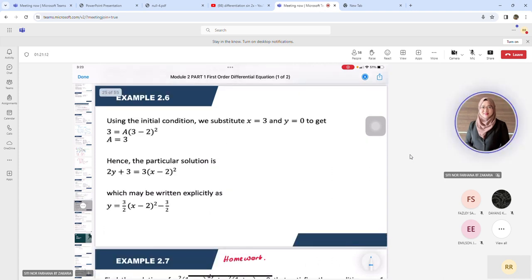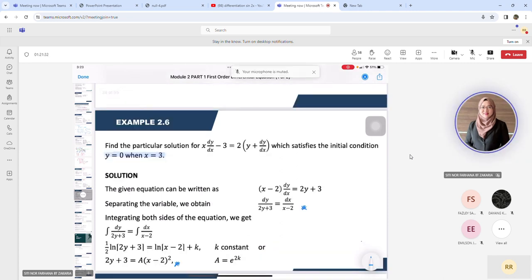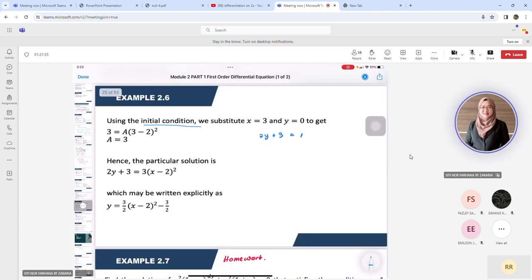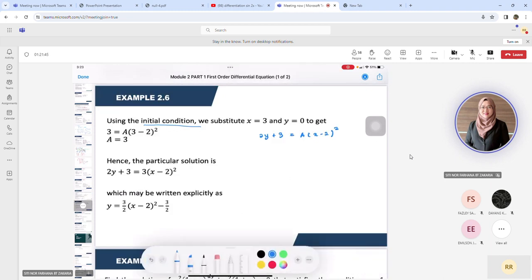And then they give us the initial condition and we have our general solution as 2y plus 3 equals to a(x minus 2) to the power of 2. Okay, so our purpose right now is to find this a value.